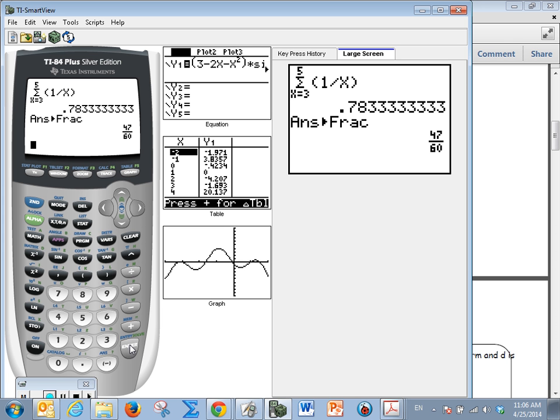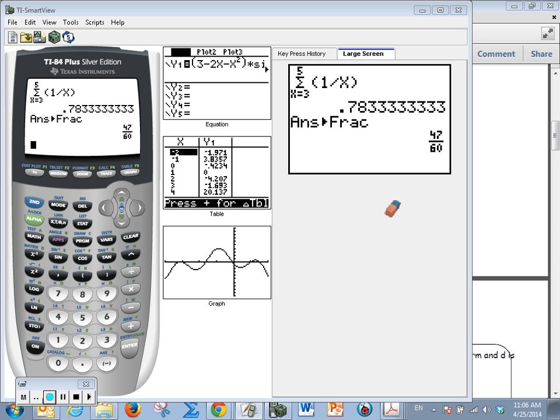Okay? Is everybody okay? Now if you have the old operating system, it is actually much more complicated. There are several ways to get to it, but you have to do a sum sequence, and then you have to type in the equation.